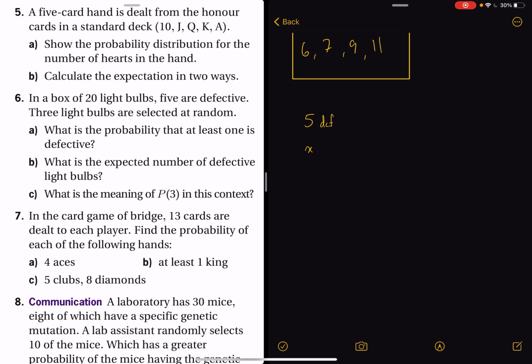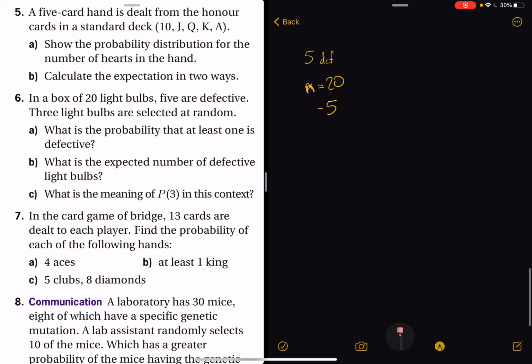What is the probability that at least 1 is defective? So at least 1 is defective. So N is 20. A being defective is 5 available defects. So how many successes are there? What did we define successes?